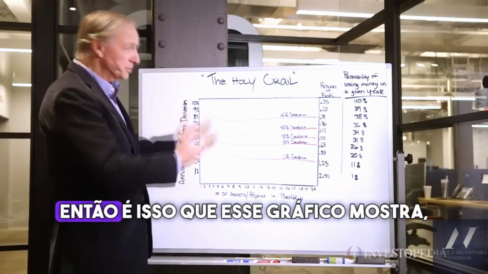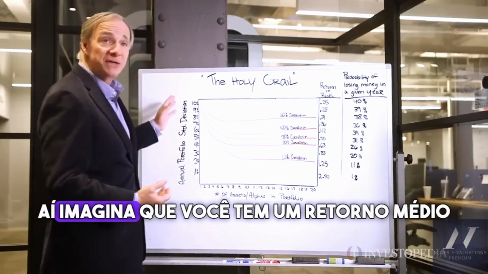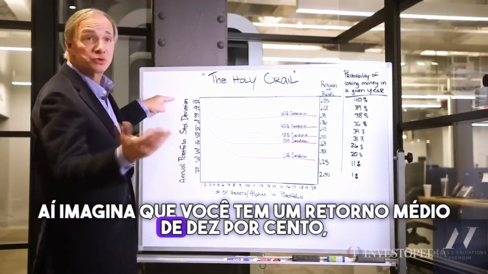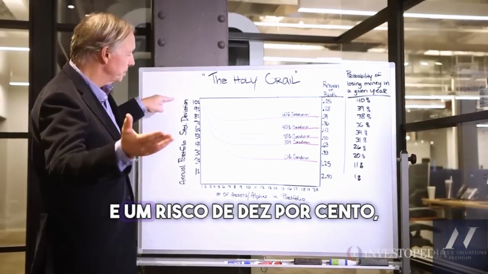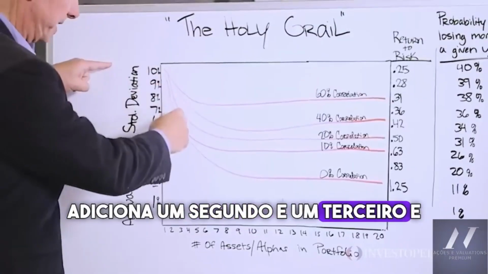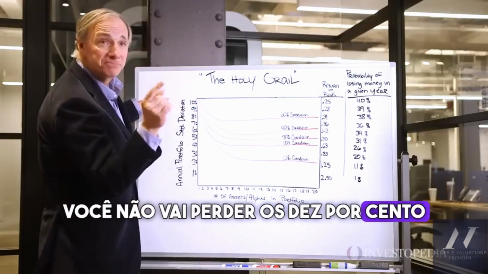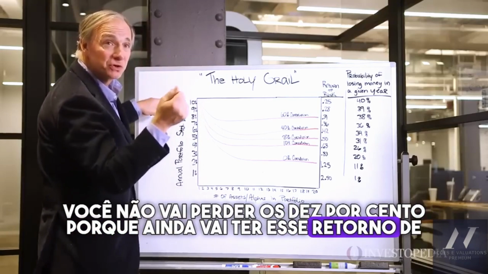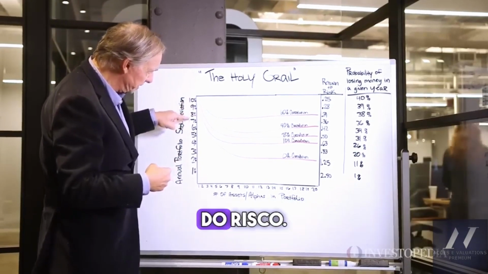So that's what this chart shows. Imagine you have a 10% average return. You don't know which bet is going to be better. It has a 10% average return and a 10% risk, and you add in a second and a third and so on. You're not going to lose the 10% because you're still going to have that 10% return, but you're going to have a reduction in risk.